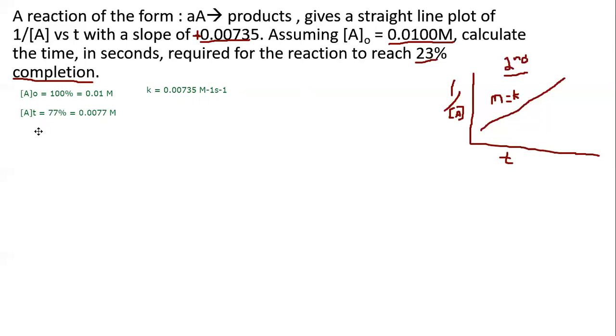The equation is 1 over A at T equals KT plus 1 over A naught. So here we're solving for T. So I'm going to do 1 over 0.0077.